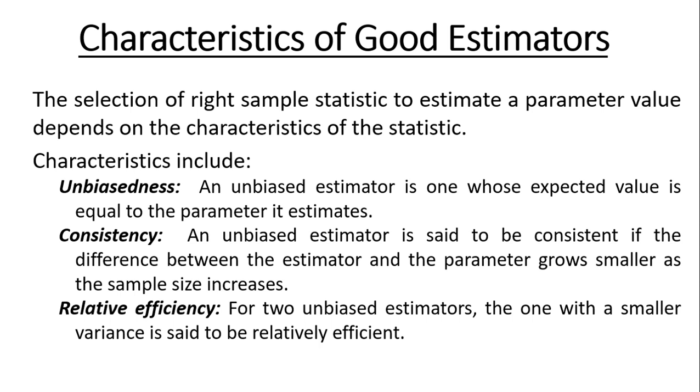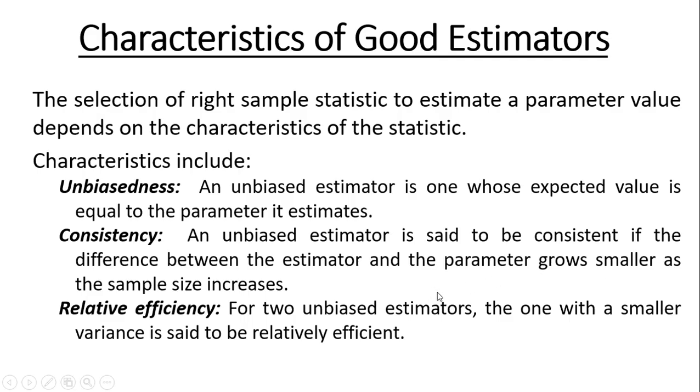Then we have consistency. Consistency simply means that an unbiased estimator is said to be consistent if the difference between the estimator and the parameter grows smaller as the sample size increases.